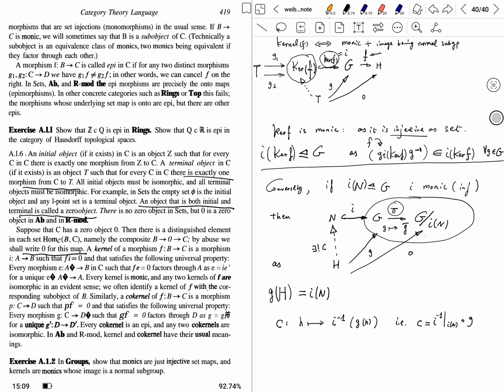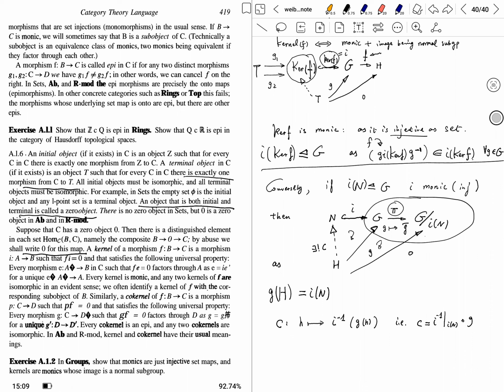So check by the universal property. Suppose there is another group H with group homomorphism small g to G, such that the composition with pi is 0. We want to show that there exists a unique map H to N making this diagram commute.